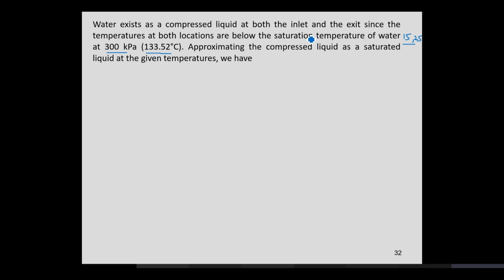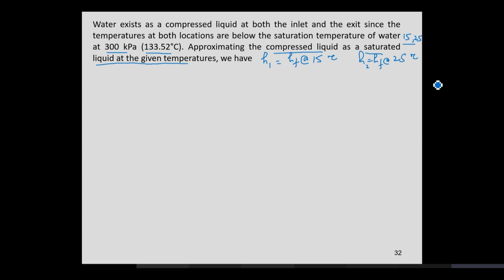This means that you will have water as compressed liquid in both conditions, and the approximation for compressed liquid is that of saturated liquid at the given temperature. So the enthalpy for water h1 is essentially hf at 15 degrees centigrade, and the enthalpy at exit for water is essentially hf at 25 degrees centigrade.